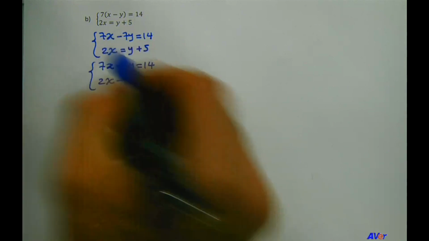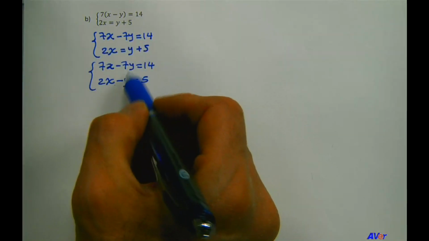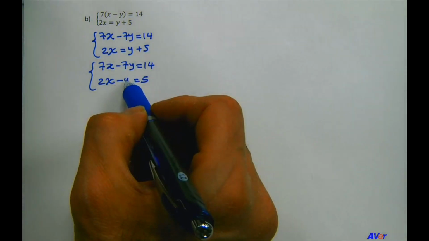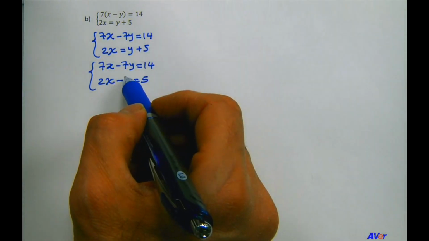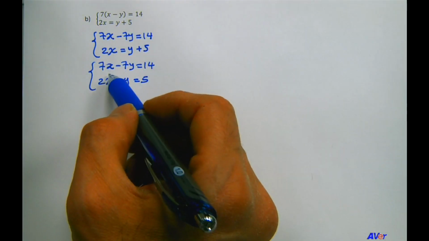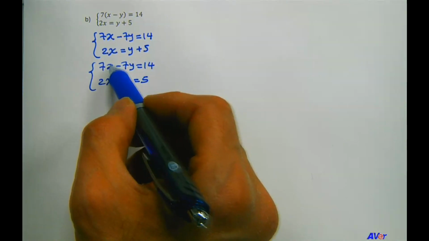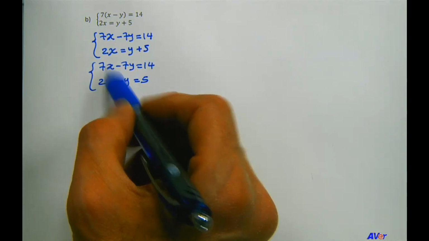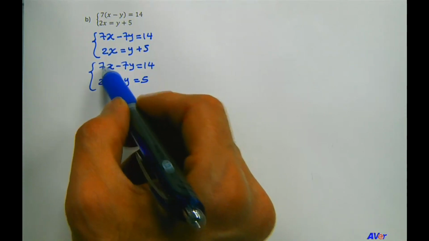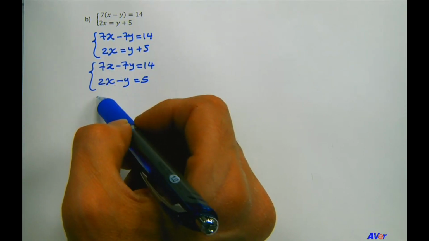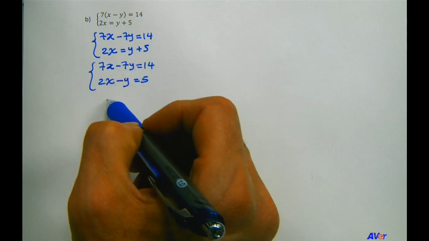So I think y, in this case, is an easier variable to eliminate. It would be more work to get the x terms to have equal but opposite coefficients. But it's easier to do it for y.